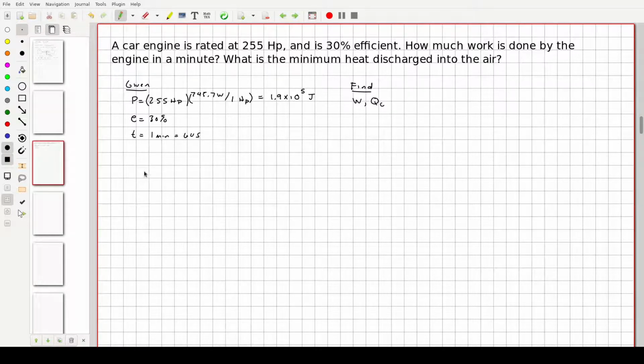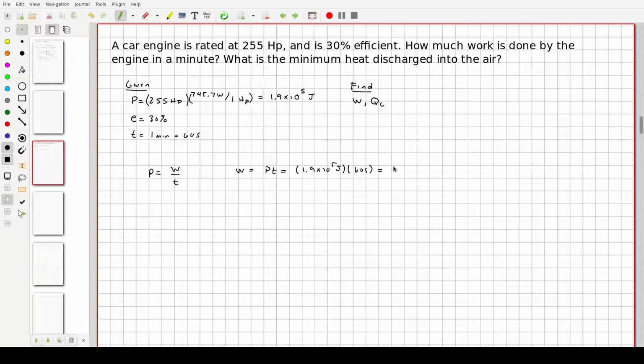So, work is pretty easy because we're given power. Power, if you want to think of it, is just work over time. So here, work is just power times time, which would be 1.9 times 10 to the fifth joules times 60 seconds.